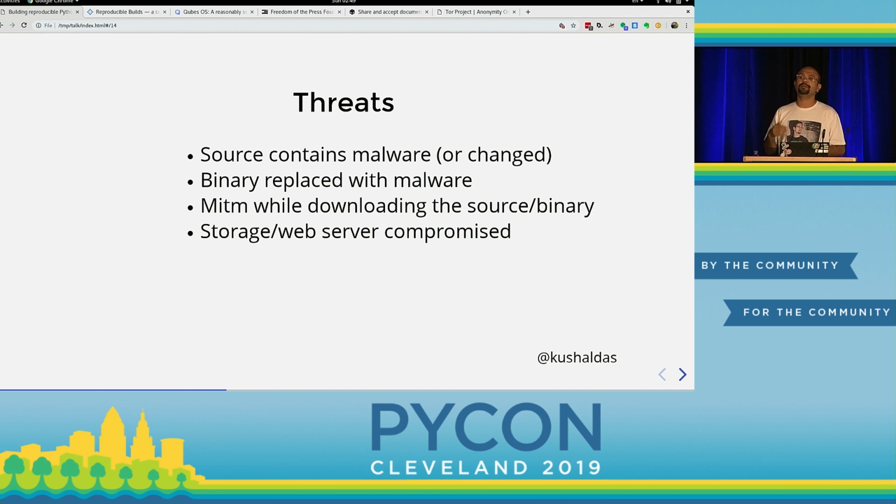If the adversary is powerful, they can do man-in-the-middle attacks while you are downloading the source or binary. The storage of the web server, or, let's say, the whole infrastructure can be compromised, correct? And we all know some stories about these things. So we're going to see how we can mitigate these issues.